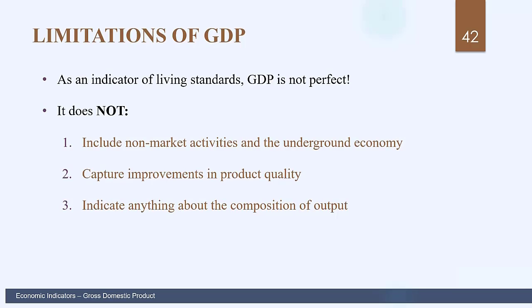Suppose you had two different countries, and one country dedicated maybe half of its GDP to military use, and the other country dedicated half to healthcare. Well, that's quite different in terms of how the living standards would be in either of these two countries. The GDPs might be the same, but given that the scarce resources in the country are dedicated to much different things, the standard of living could also differ considerably.